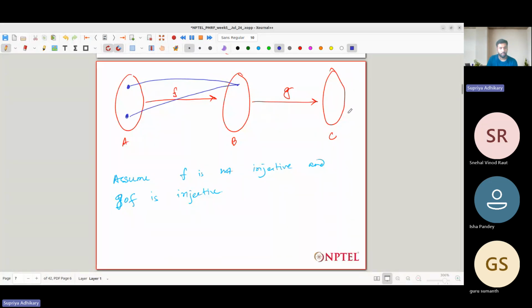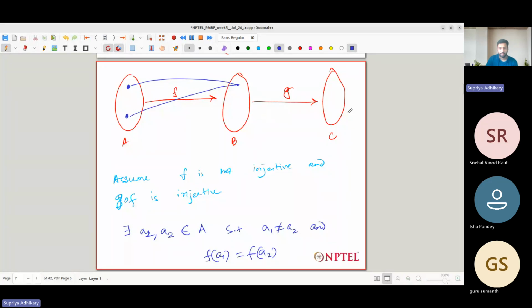So there exist A1 and A2 in the set A, the domain set for the function f, such that A1 is not equal to A2 and f of A1 is equal to f of A2. So if it is not injective, then we can arrive at this conclusion.